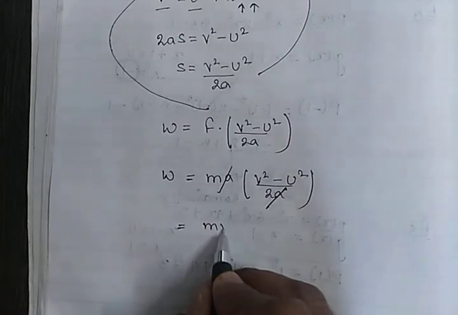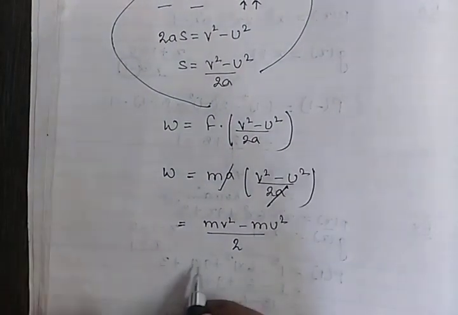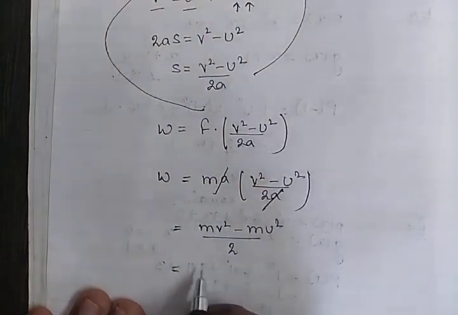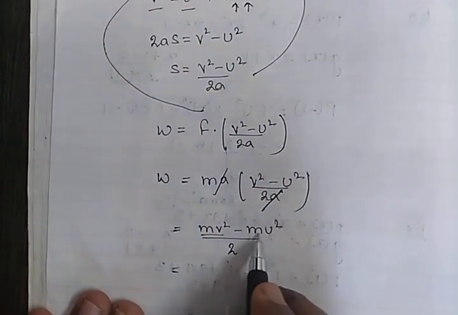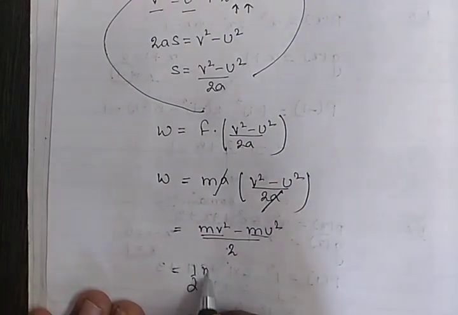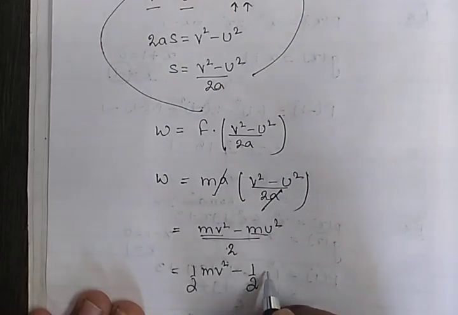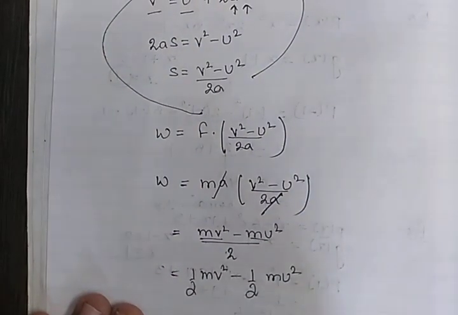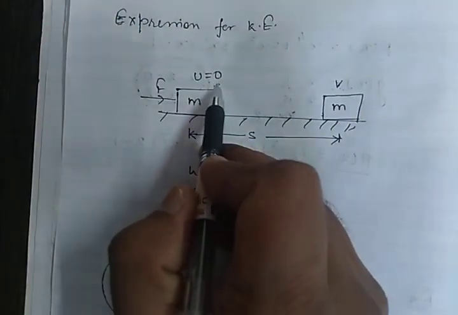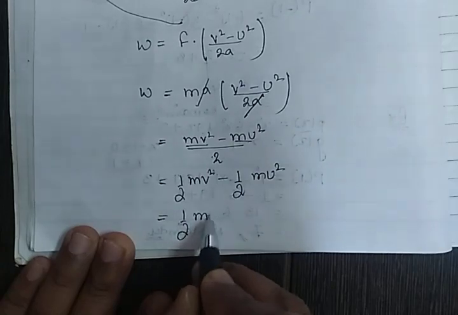Now we have m v square minus m u square upon 2. Dividing the two terms, it becomes half m v square minus half m u square. But I told you that initially u is equal to 0. So just substitute the value and it becomes half m v square.